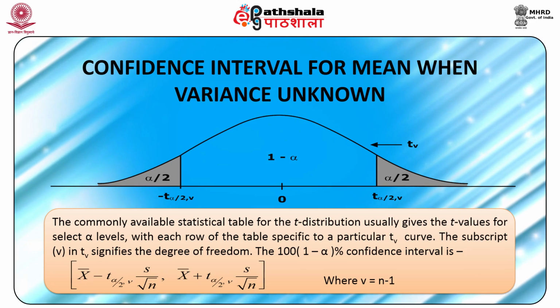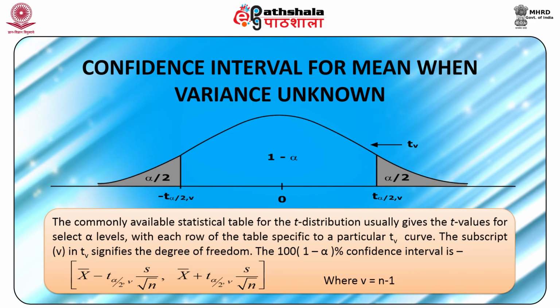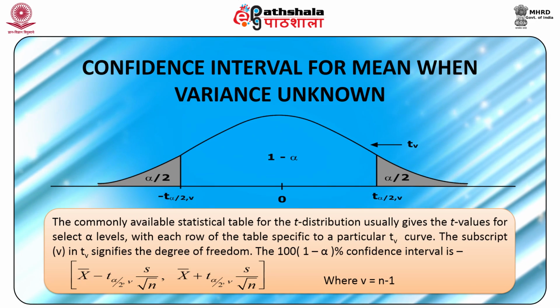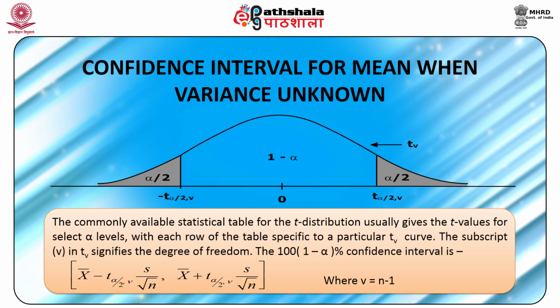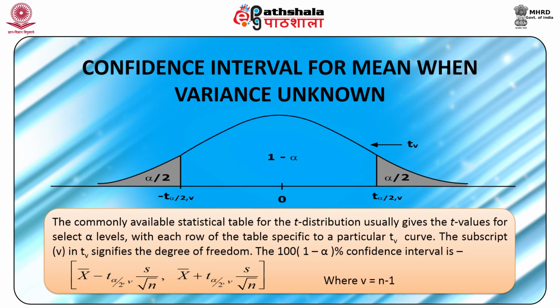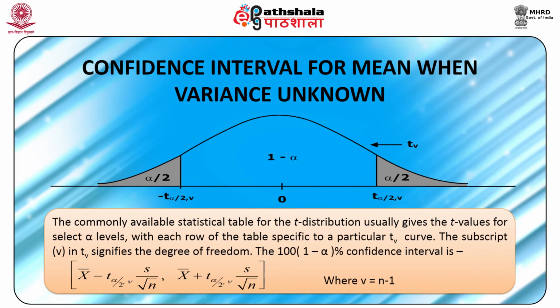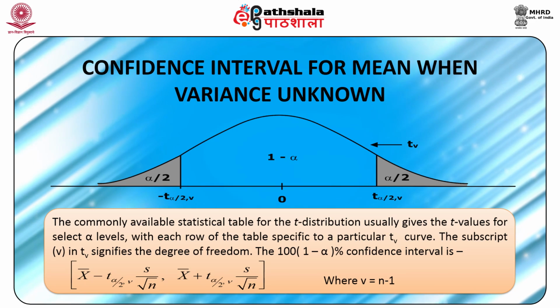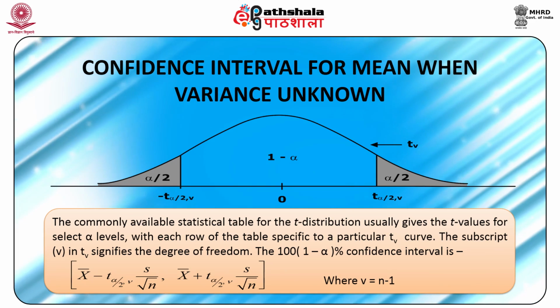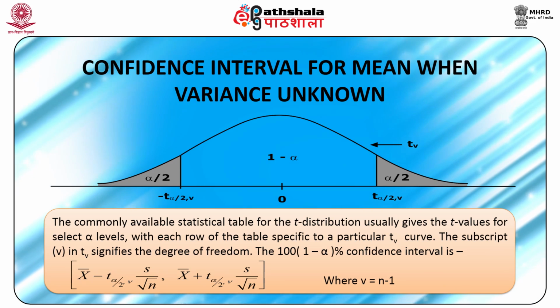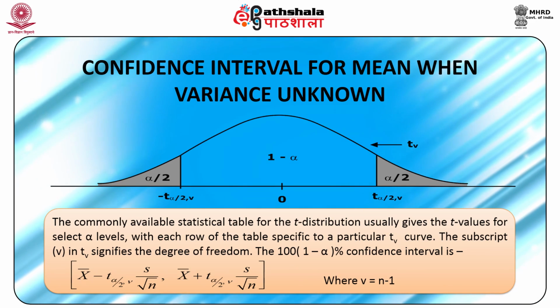Now, this requires the assumption that the population is normally distributed. The t distribution is symmetric about 0, just like the z distribution. We actually have a family of t curves, each characterized by its degrees of freedom nu. For each different degree of freedom, there is a different curve.